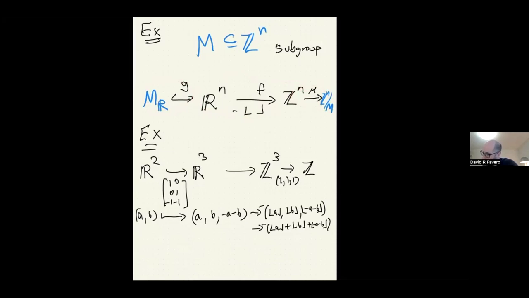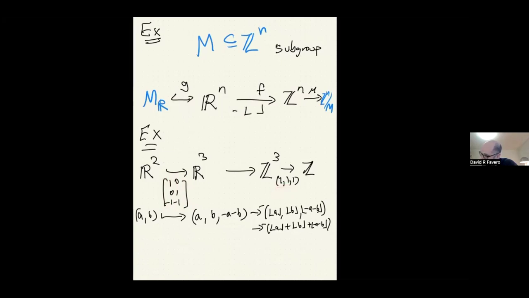So for example, if I do R^3, and I take this lattice, this subgroup of R^3 generated by these columns, then I take the map (1, 1, 1) here.